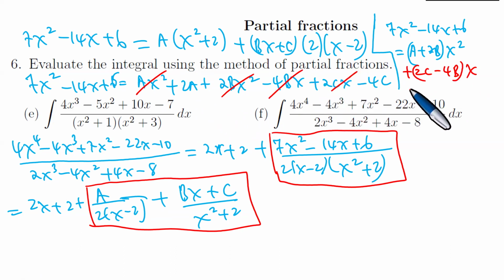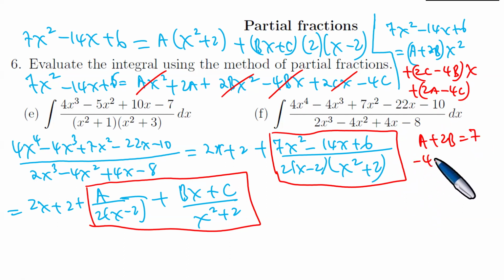So now you would have to find the right coefficients. At this point, it means that A together with twice B must be 7.